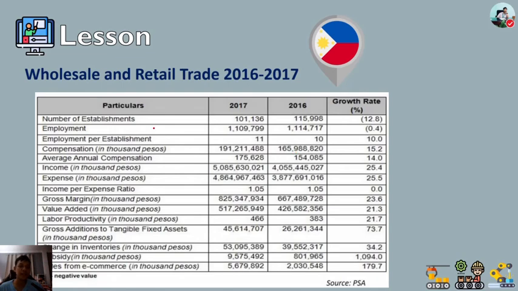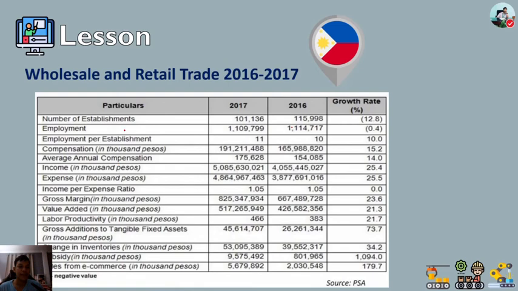And for the employment, as you can observe, in 2016 there are 1,114,717, and in 2017 it decreases to 1,109,799. And then employment per establishment, you can also observe here, it increases from 10 to 11.